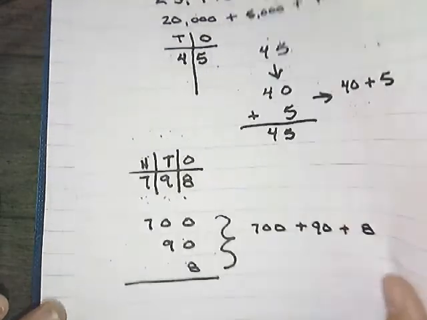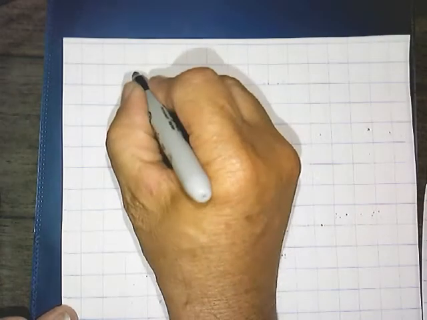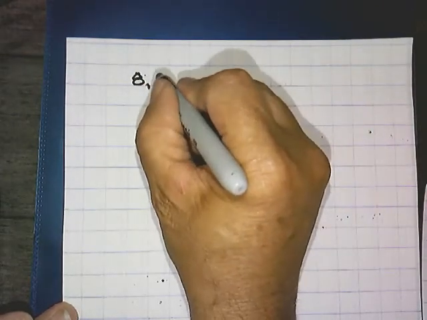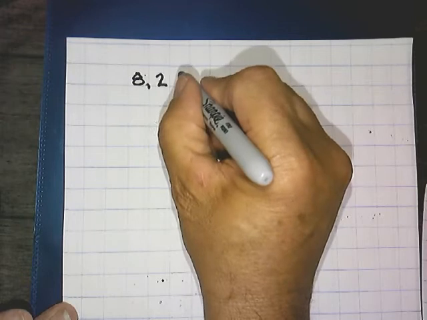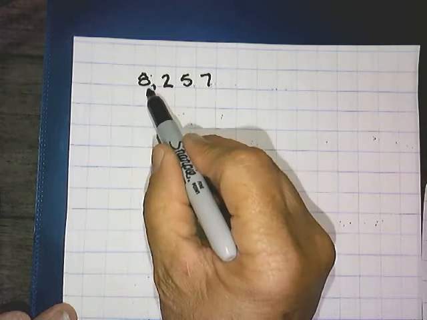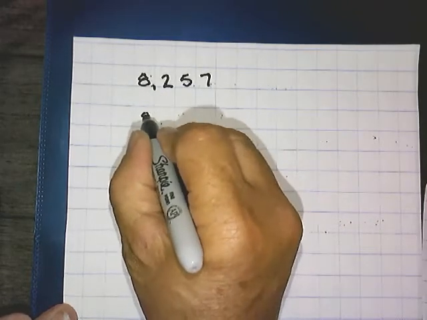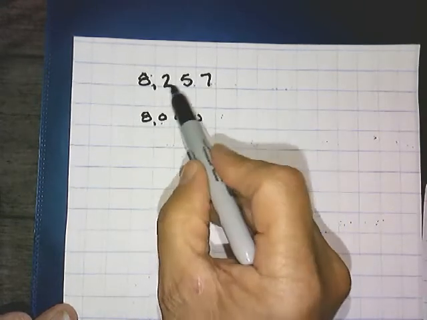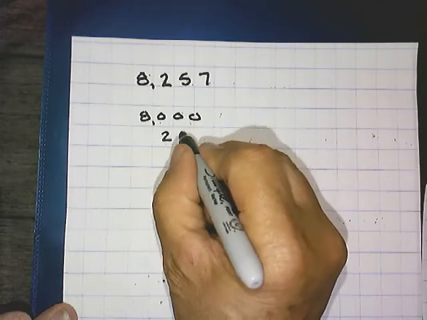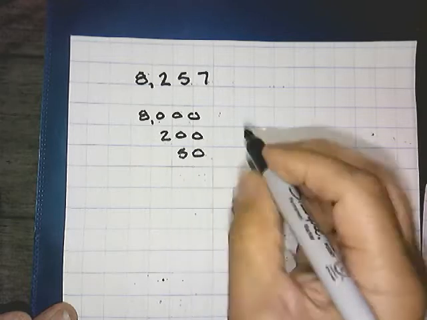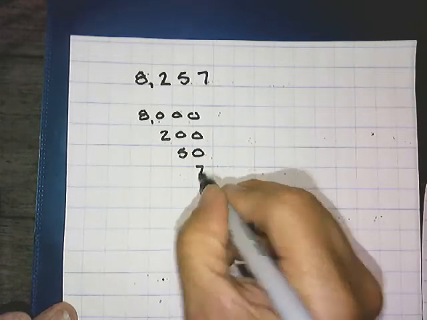Now feel free to watch as much of the video as you need to, but let's try another example. Let's go up to 4 digits. A 4-digit example would be 8,257. So with a 4-digit number, you have 8 thousands, 2 hundreds, 5 tens, and 7 ones.